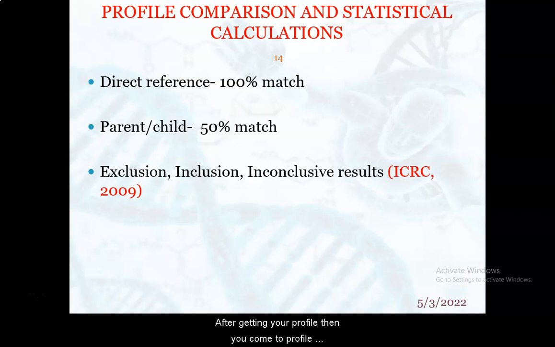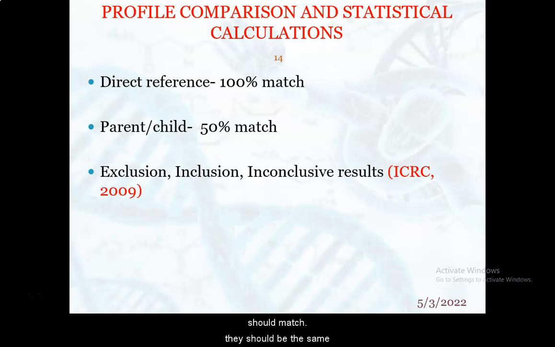After getting your profile, then you come to profile comparison and the statistical calculations. If you have a direct sample to compare to the evidence sample, then you should be getting a 100% match. It means the DNA profile that you generated from your evidence sample should match exactly.